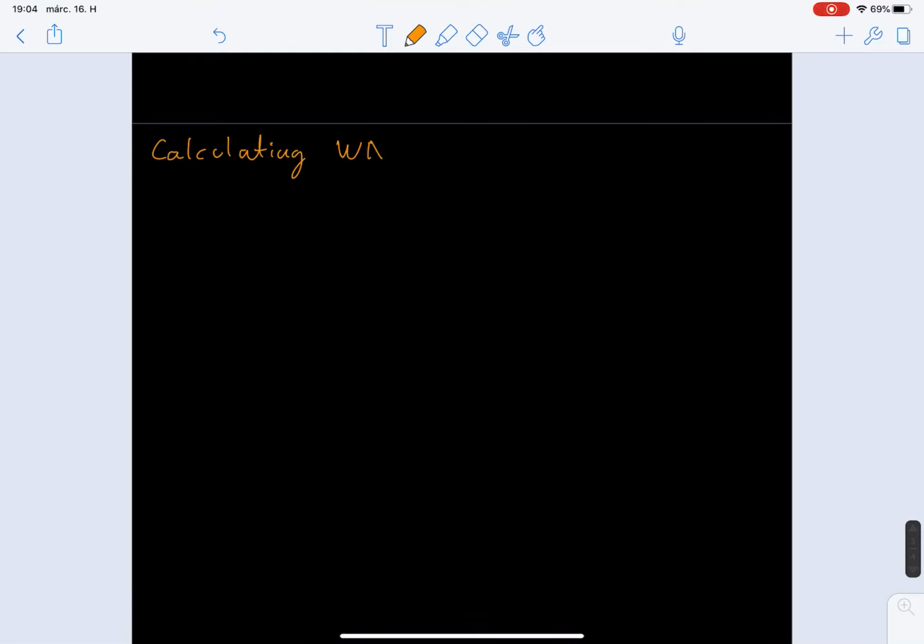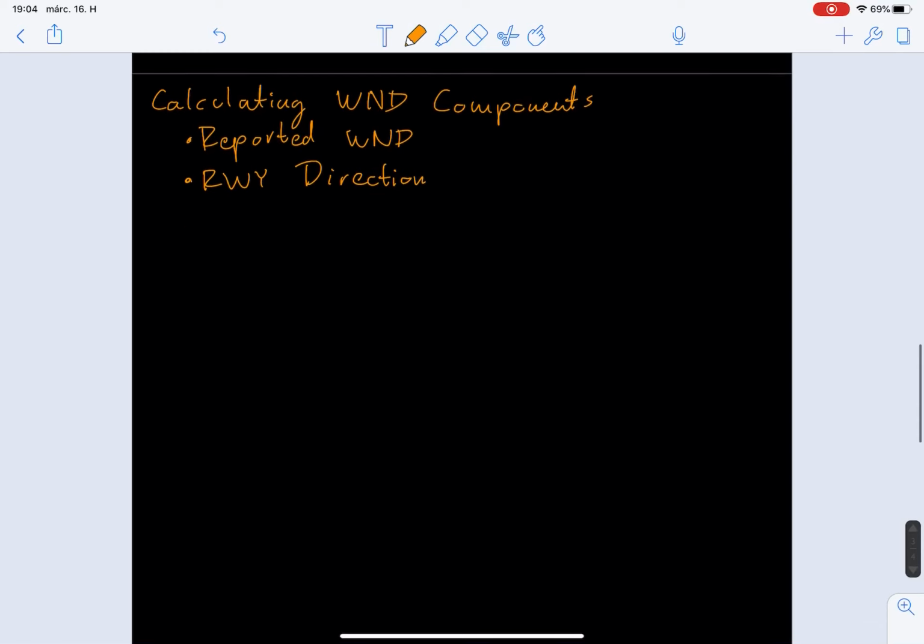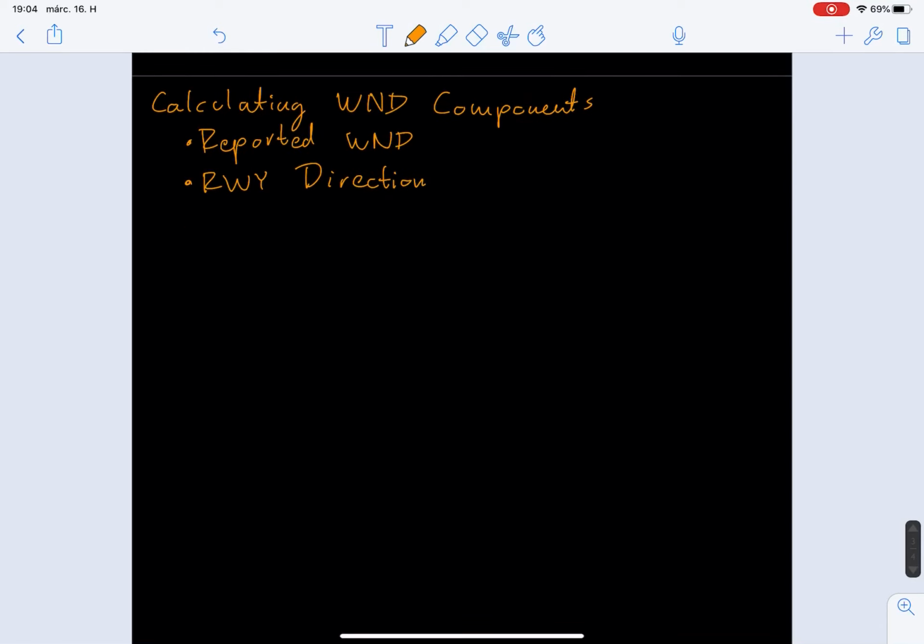So, wind components based on the reported wind and the runway direction. Okay. So the first thing first.